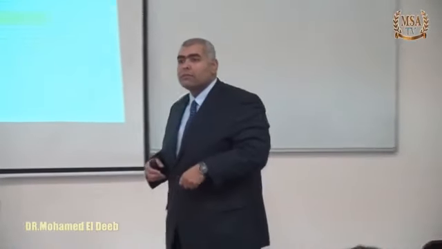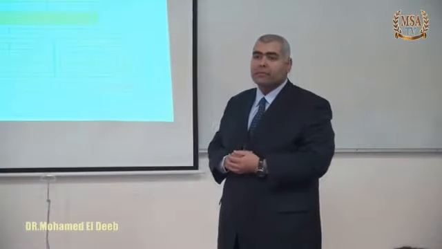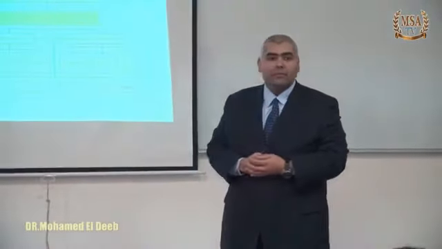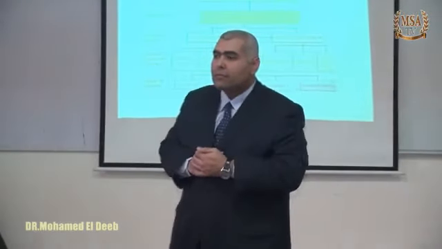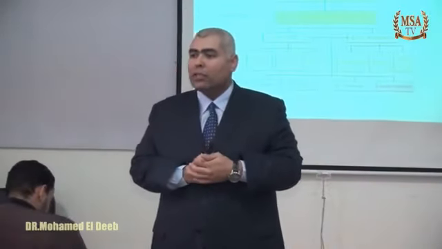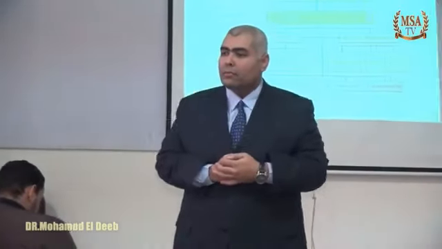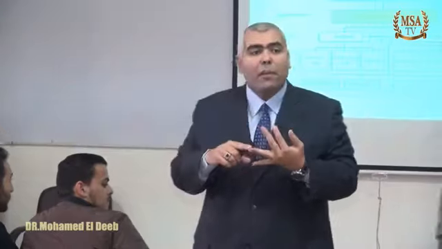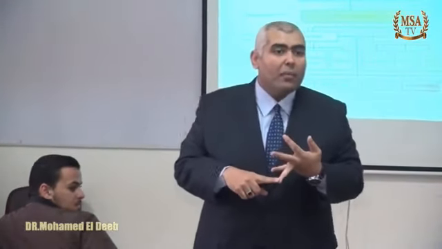How do we consider the cost as a constraint? How can we consider cost as a constraint for providing information? How can we provide information? Preparing financial statements has a cost for accounting to prepare them. In order to be published publicly, we are paying money.